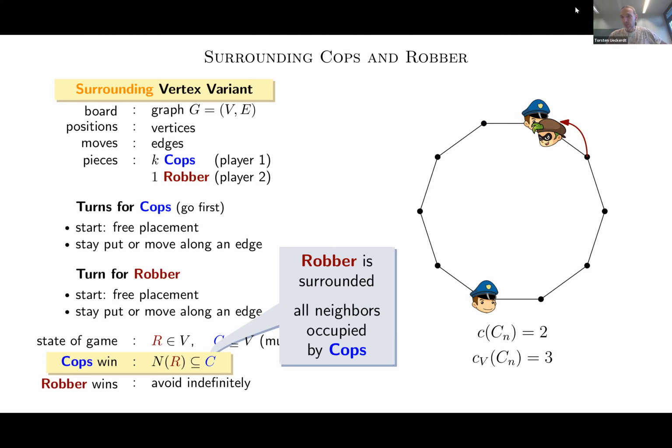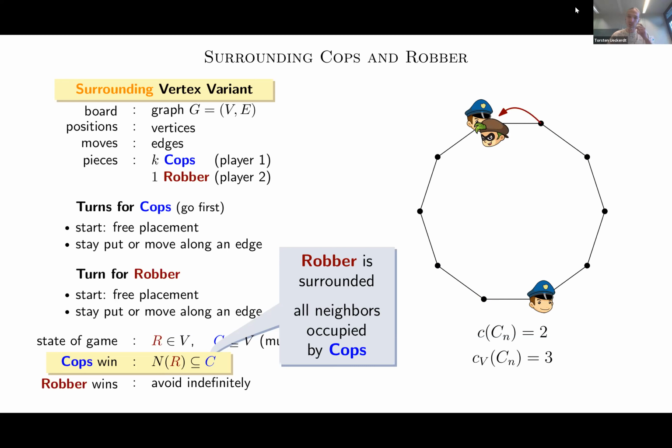That's allowed, right? So he's not caught. It was nowhere stated that he may not be on the same vertex, so he's not surrounded. It's not the case that all the neighbors of the current robber position are occupied by cops. And so now if the cops move further, the robber can continue to do this.